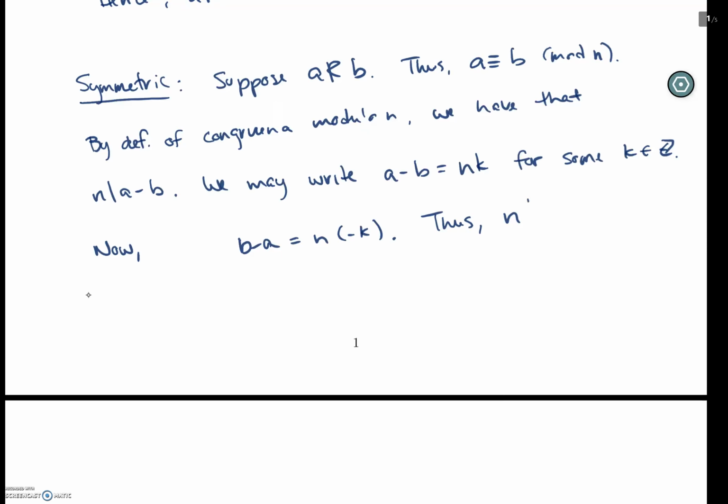Thus, n has to divide b minus a, and further, b is congruent to a mod n by the definition of divides and then by the definition of congruence modulo n. Hence, b is related to a, and we know our relation is symmetric.